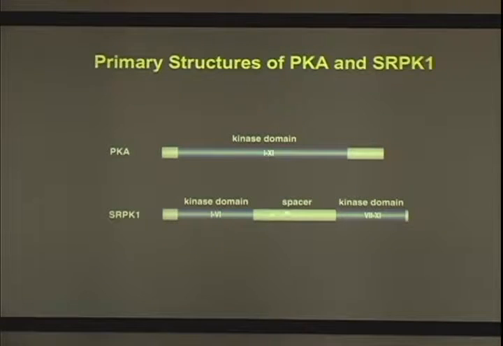To put it in context, if you compare SRPK1 to PKA, PKA has regulatory segments at the N-terminus and C-terminus, as Susan mentioned, while SRPK1 has it in the middle.